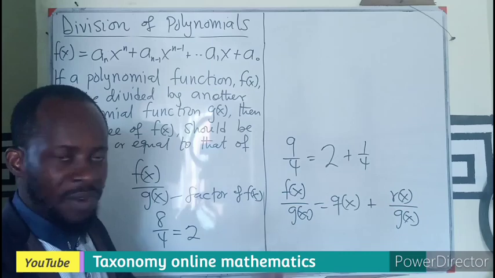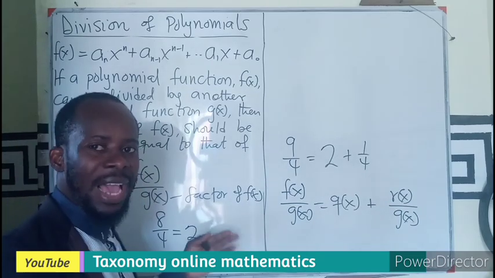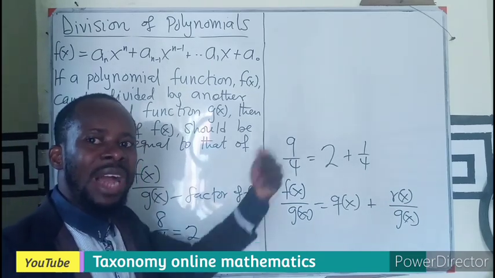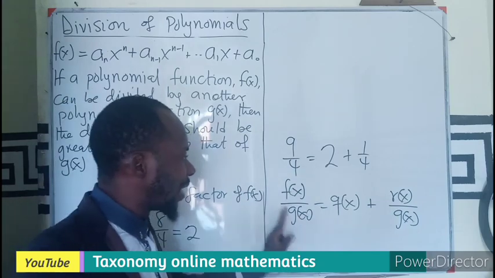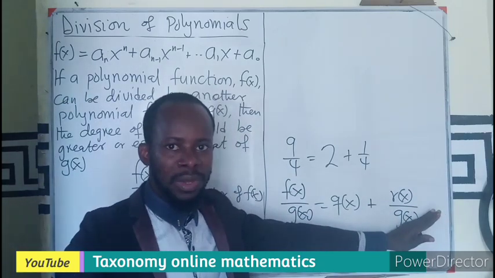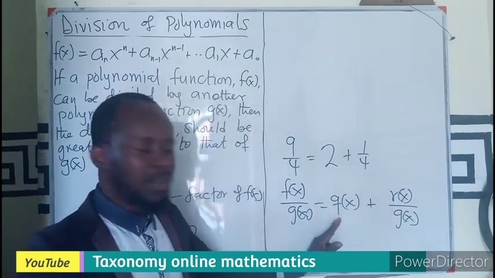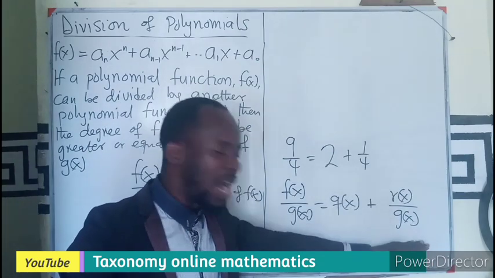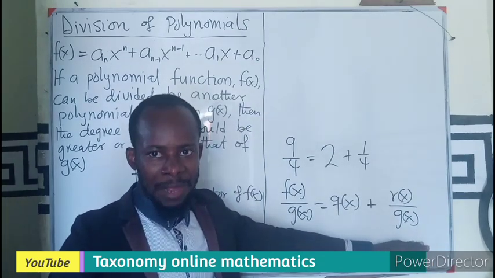So if you are dividing any polynomial whereby the denominator is not a factor of the numerator, your answer is going to be presented in this form, meaning after you get your quotient plus the remainder over your divisor.